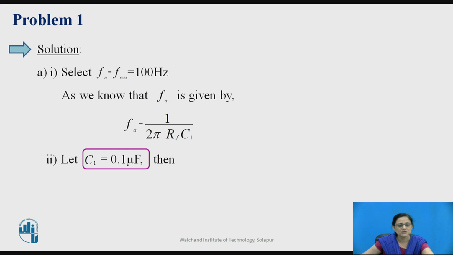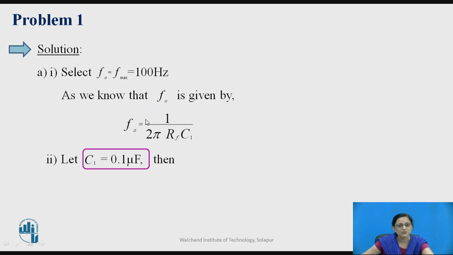Now let us check the solution for this problem. According to the design consideration, first select the given frequency as the frequency at which the gain is equal to 0. So FA equals the maximum frequency, equal to 100 Hz. As we know, FA is given by 1 upon 2 pi RF C1. Now FA is given, which is equal to 100 Hz. So let us select the value for the capacitor equal to 0.1 microfarad.